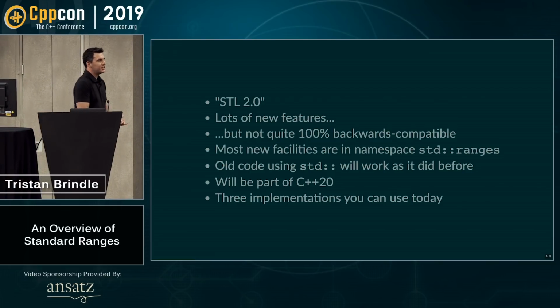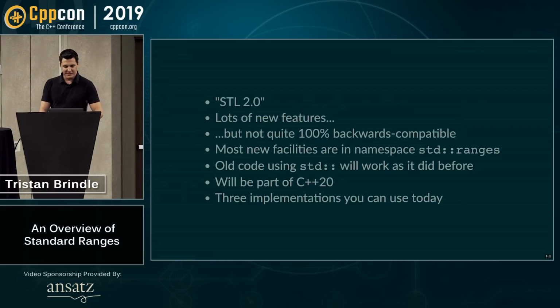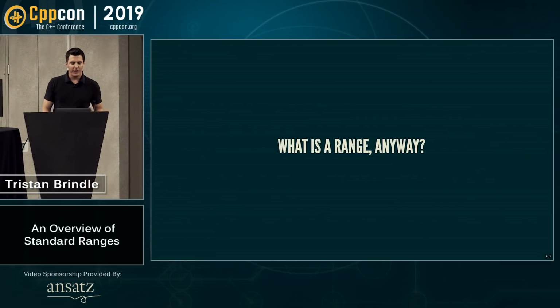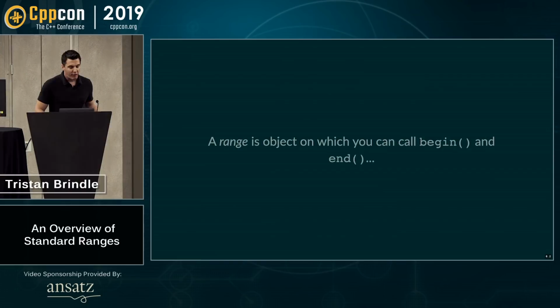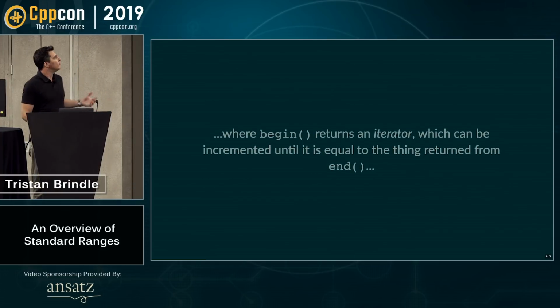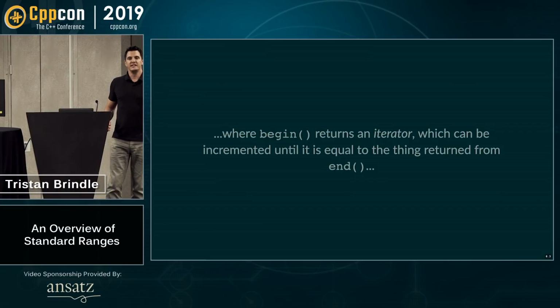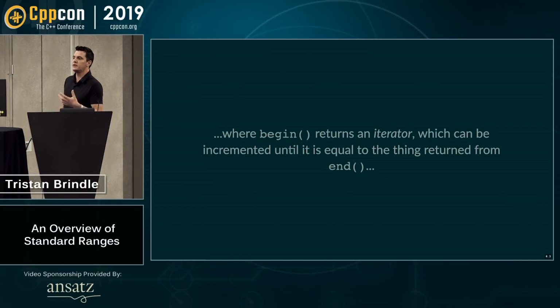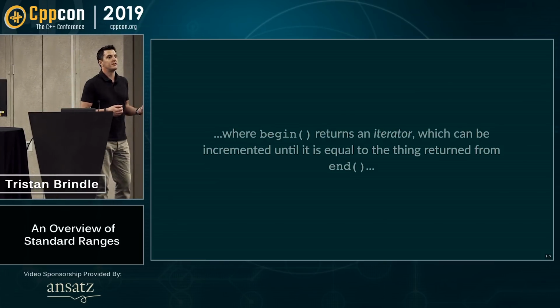So far I've said the word ranges probably about 200 times. Perhaps we ought to take a step back and say, well, what is a range anyway? Well, a range is an object on which you can call begin, where begin returns you something called an iterator, which can be incremented, which we can dereference to obtain the value at that position, but which we can increment until it compares equal to the thing we got from end.